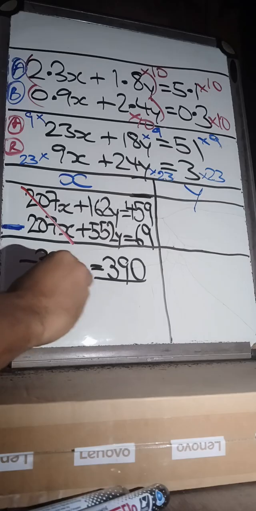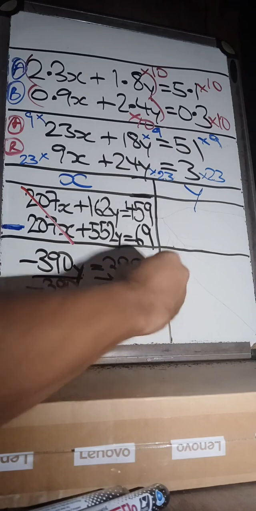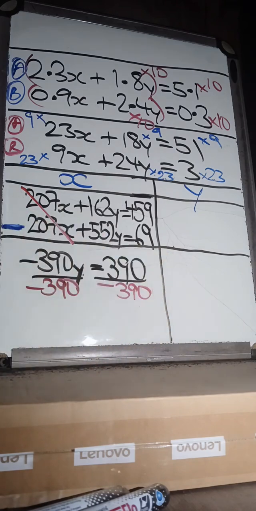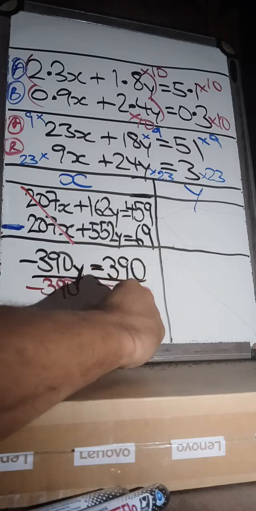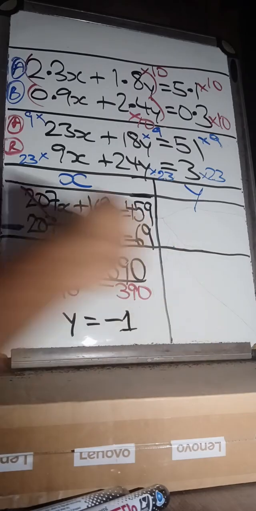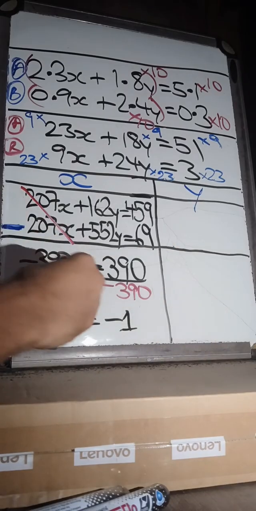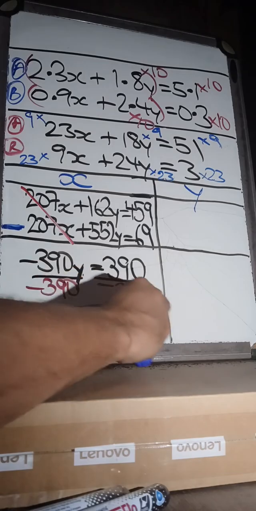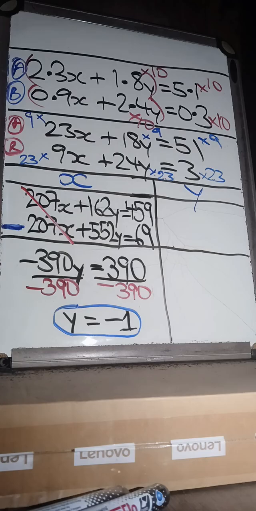So we divide this by minus 390. So y is equal to -1 on this side. Okay, so we have that.